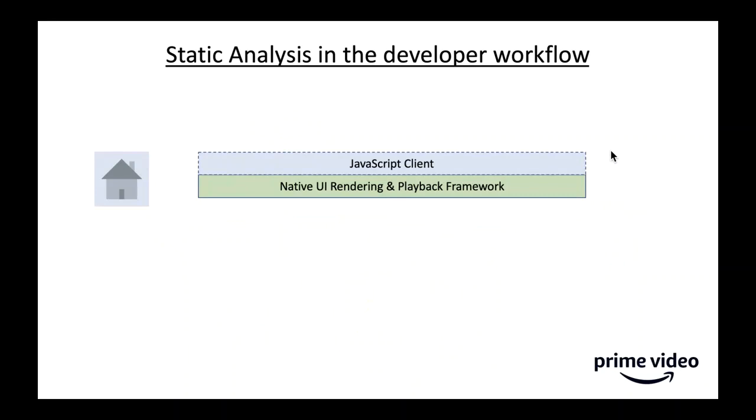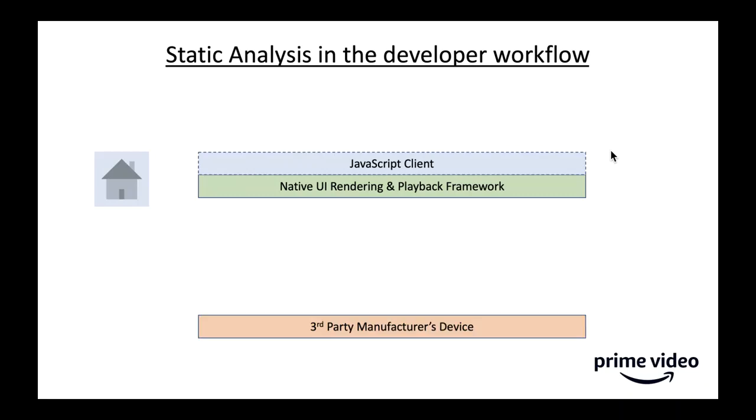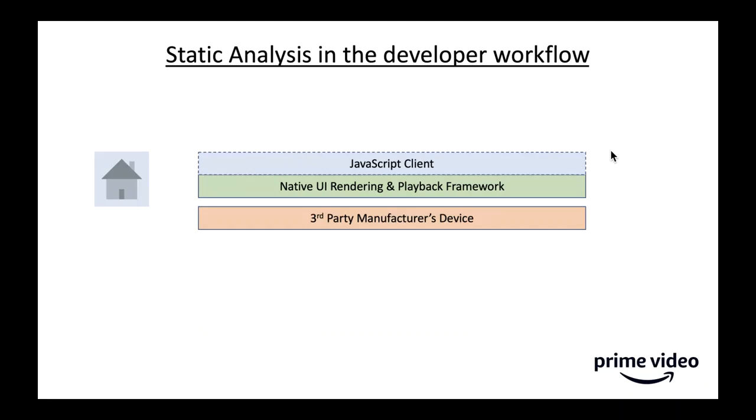So we decided to start out with our mission critical code, which I introduced you to before. And the view that I showed you before isn't quite the whole story. We have this native UI rendering and playback framework, and to get it onto third-party devices requires third-party assistance.